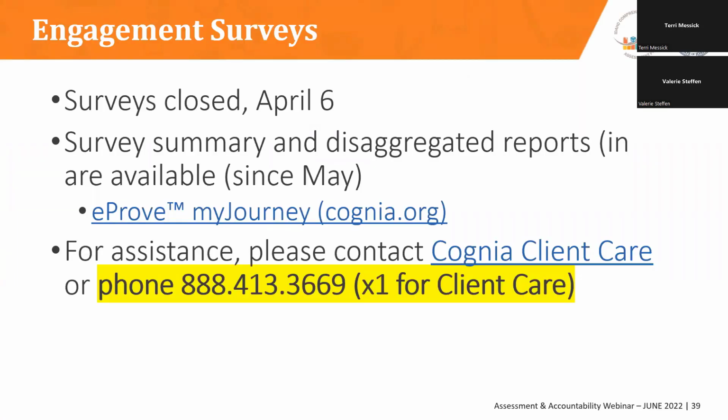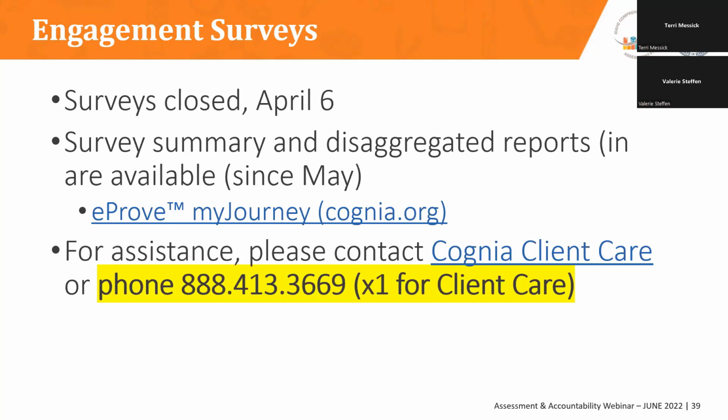First, the engagement surveys. You're now able to download both summary and disaggregated reports of your schools and districts' summary data. You'll be able to identify key trends at both school and district levels and see findings in disaggregated groups. Access them by logging in to your eProve account, cognia.org, and clicking on the Reports tab.